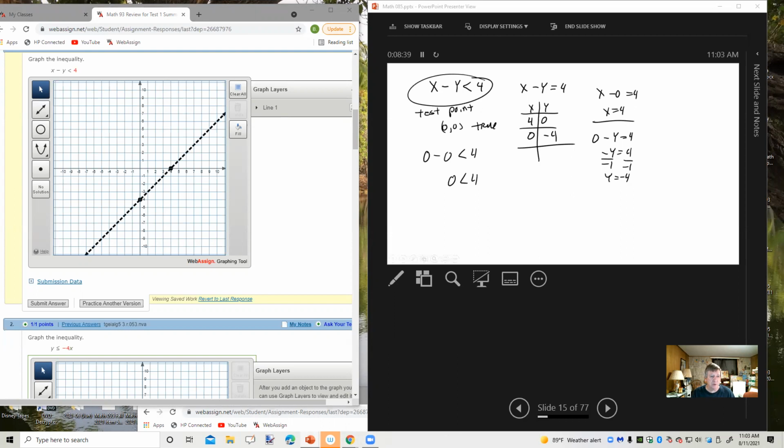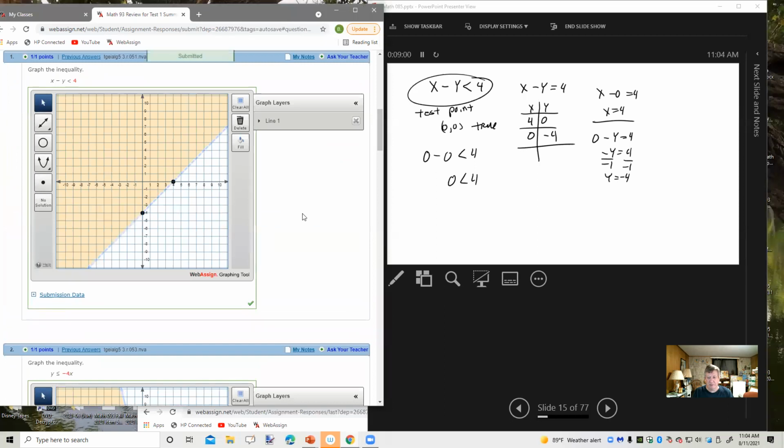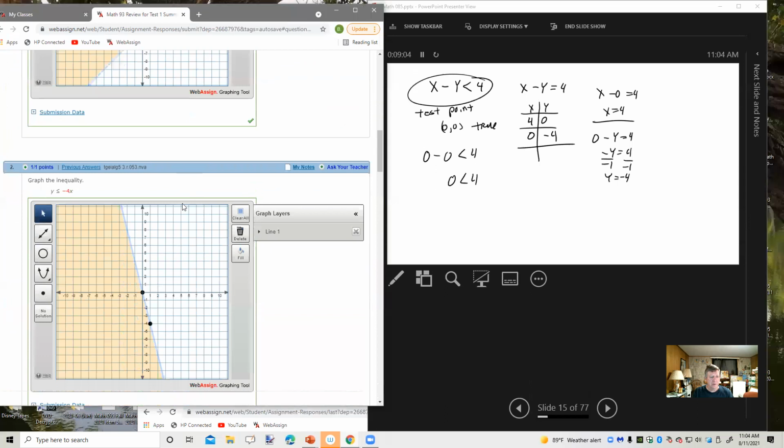So the point 0, 0 is part of the solution. So we're going to fill or shade it. And on this side, whoops, and that should be the correct answer. And it is.